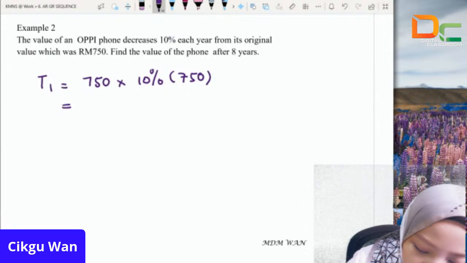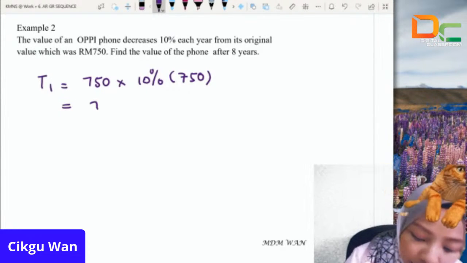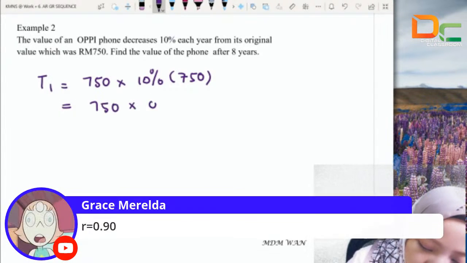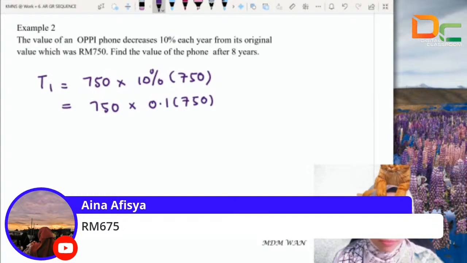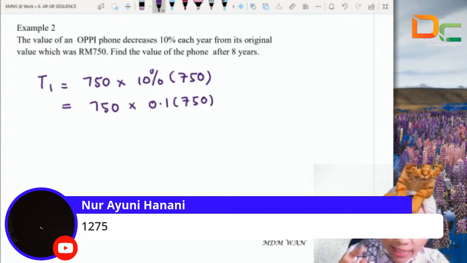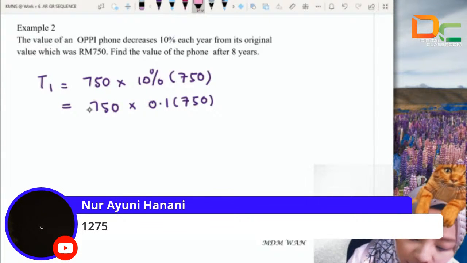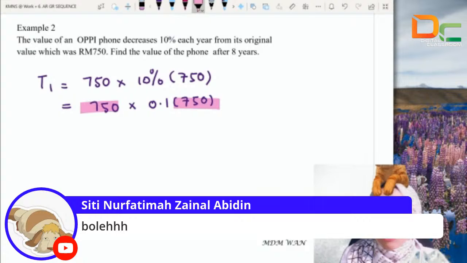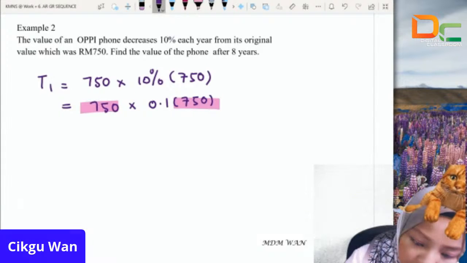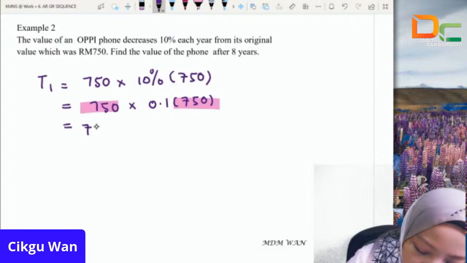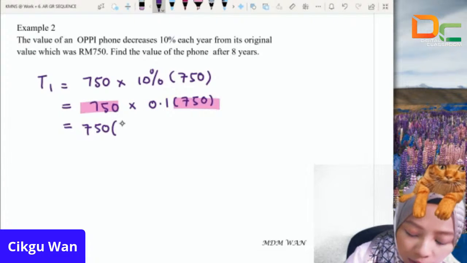Okay, so percent we can change to decimal. So it will be times with 0.1 times 750. Right? Okay, tips dekat sini. We have 750 and we have 750 over here, right? So what we will do is we factor out 750. So this will become 1.